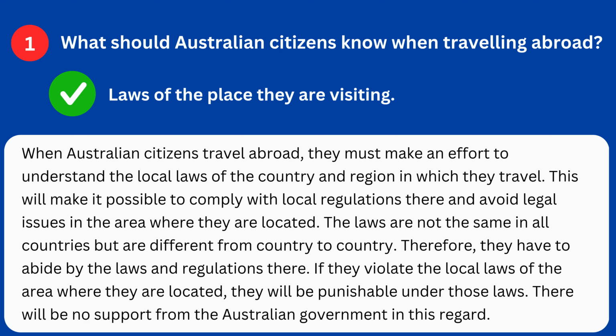The laws are not the same in all countries, but are different from country to country. Therefore, they have to abide by the laws and regulations there. If they violate the local laws of the area where they are located, they will be punishable under those laws. There will be no support from the Australian government in this regard.